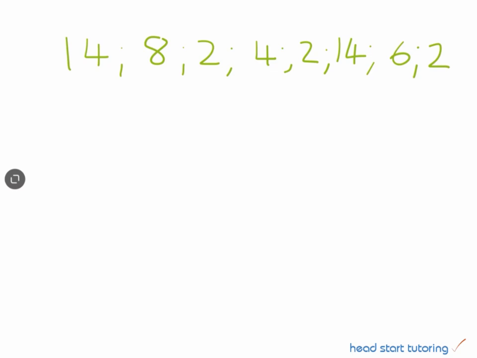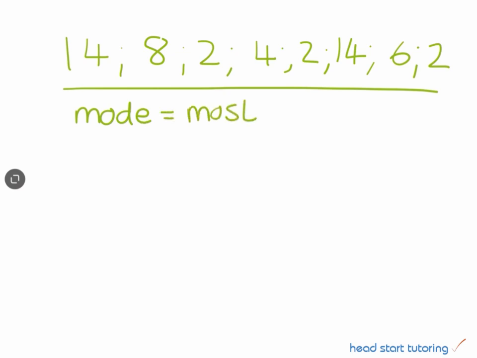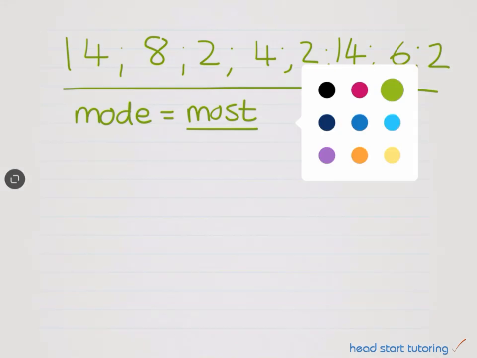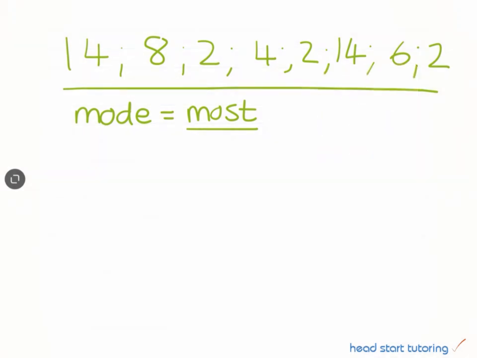If I want to find the mode of these numbers, I need to find the number that appears the most. So we don't necessarily need to order all the numbers, although that would make it easier.